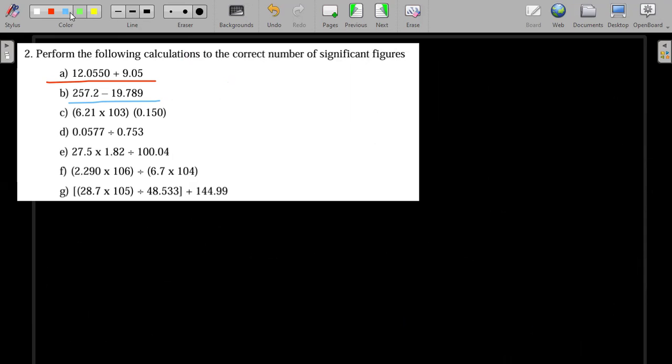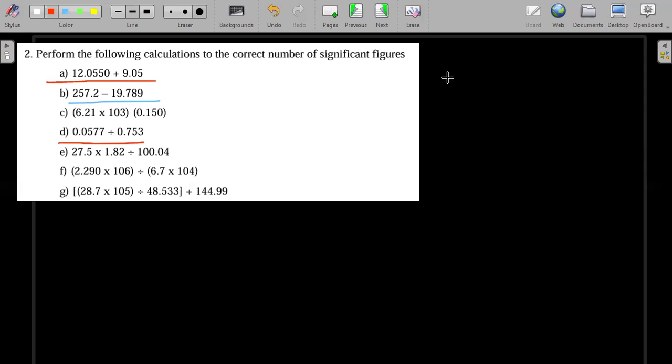Okay. So the ones involving multiplication or division also follow the same kind of rule, just like the one having a positive and a minus. Okay, so let's look at D first of all, this one here. So the rule when you are multiplying or dividing numbers with different numbers of significant figures is that the final answer should have the same number of significant figures as the number with the least number of significant figures.